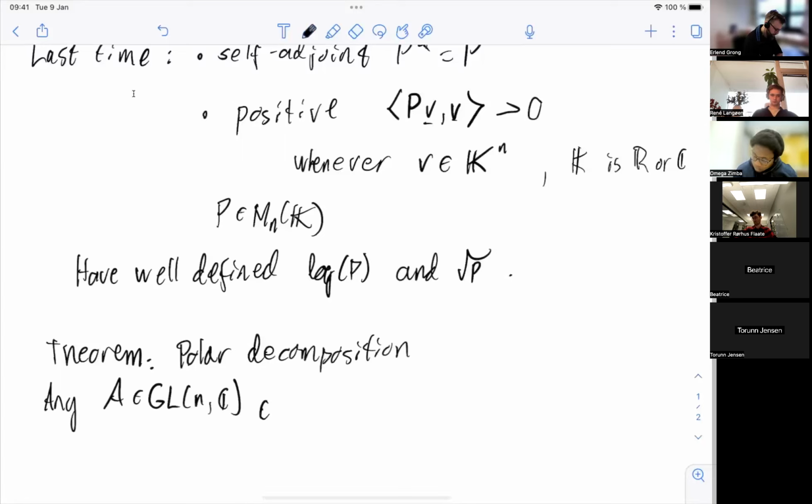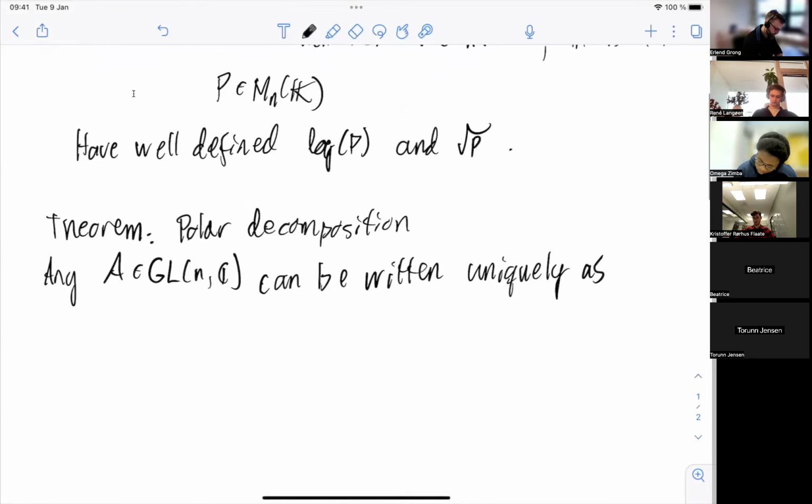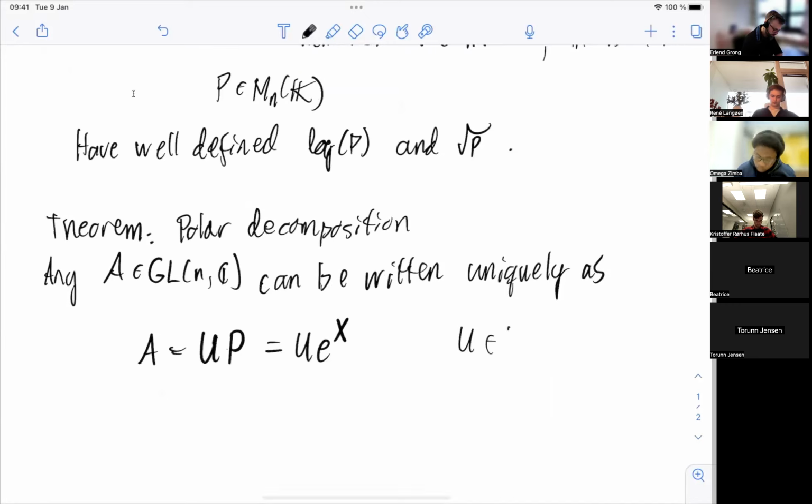Any of these matrices can be written uniquely as A equal to U times P, which is U times e to the power X, where U is a unitary matrix, and P is positive and self-adjoint.